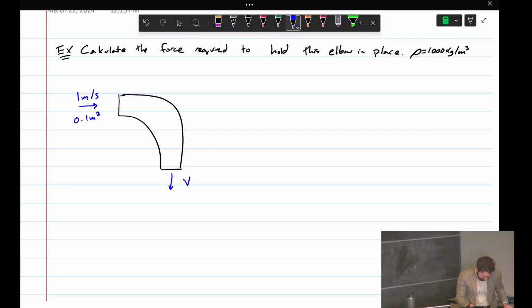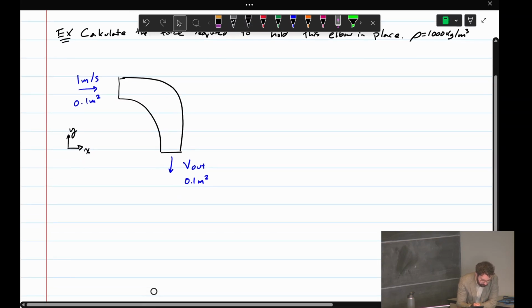Our outlet flow is some unknown V out, and the area is also 0.1 meters squared. Here is our coordinate system. I'm also going to note that this is a top-down view.